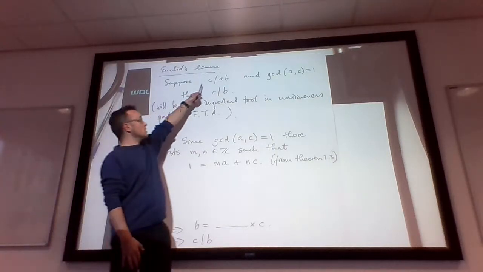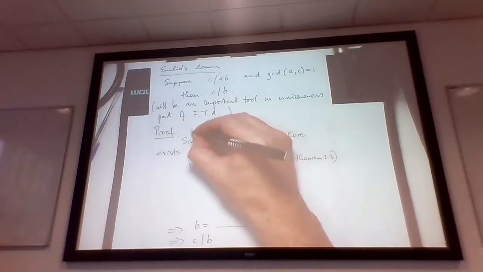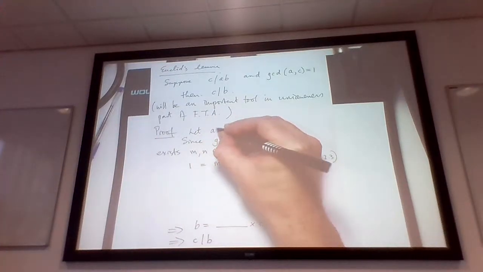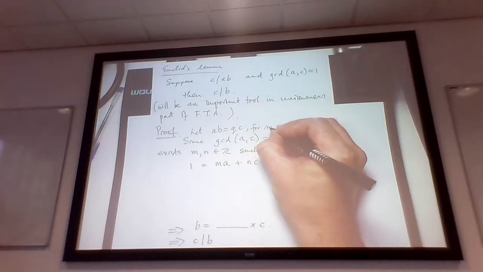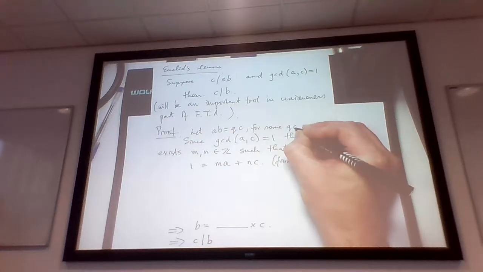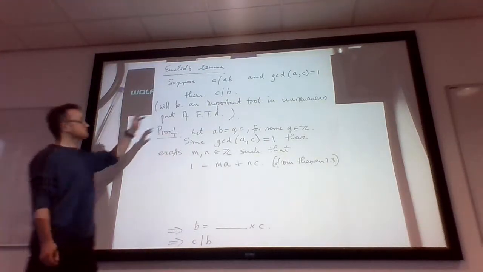We also have the assumption that C divides AB, so AB is equal to QC for some integer Q. That's what it means for C to divide AB.